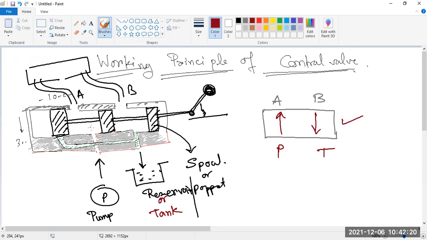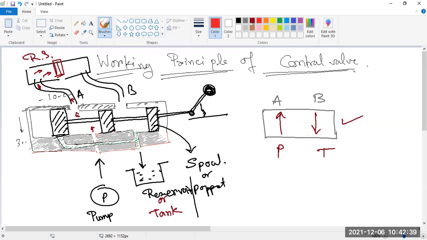So in this channel, the pump is forcing the fluid through this rod side, RS. And then whenever the pump is flowing, the pressure will be given here.